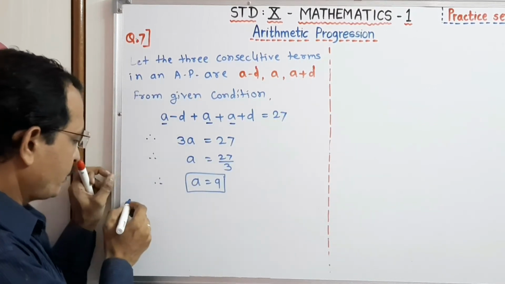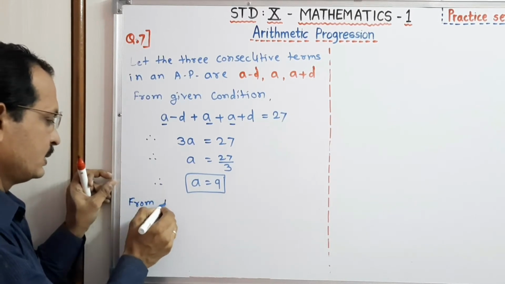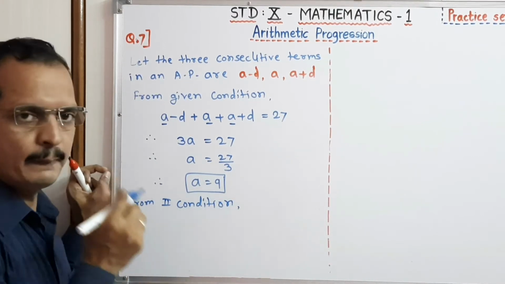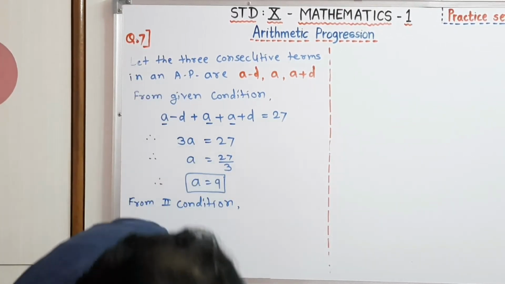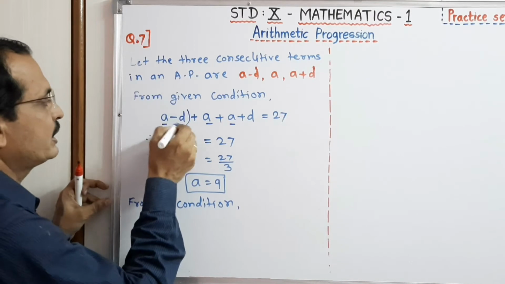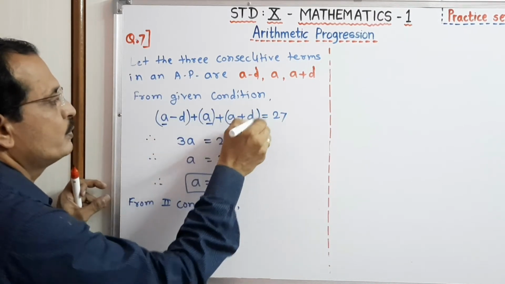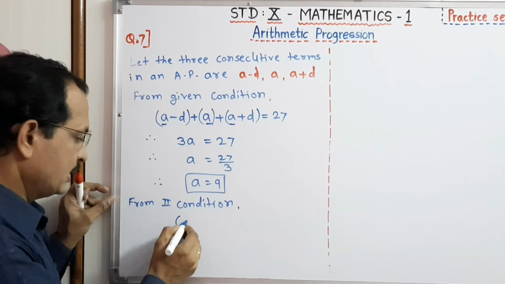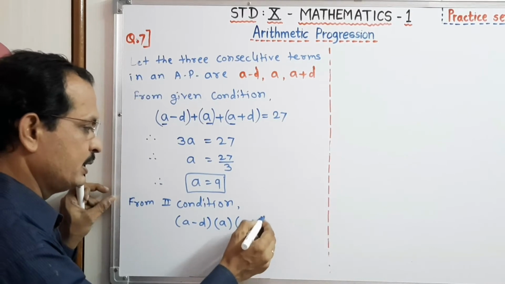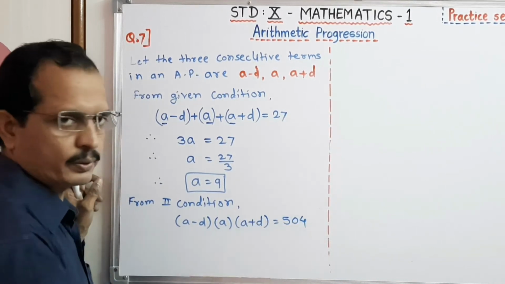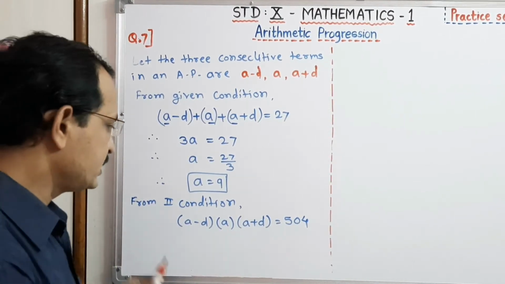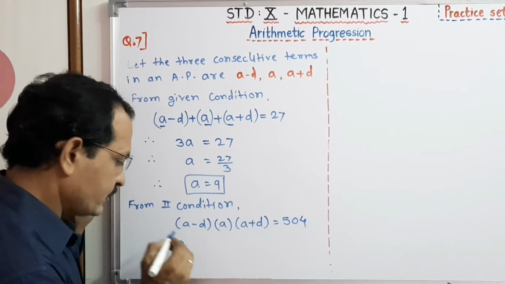Now, see here, from second condition. What is the condition? Here the product of that 3 numbers is 504. Product. Instead of addition of these numbers, in the same way we have to do the product. That means A minus D into A plus D is equal to 504. See here, product of this is 504. Now see here, I can write this A at the first.